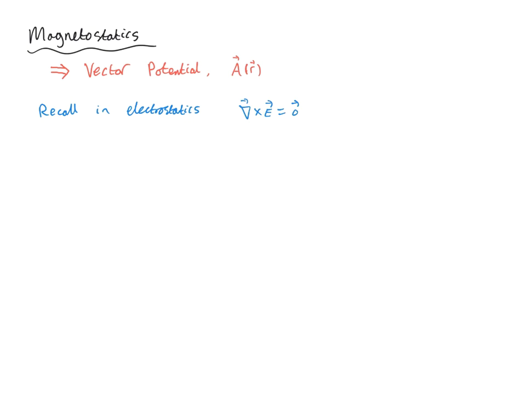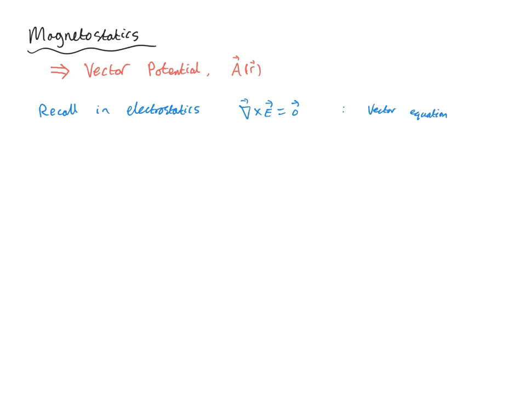So not any old vector field can be an electric field, only vector fields which have no curl, or are irrotational, can be electric fields. And this equation that I've written down here is basically a constraint equation, but note that it's a vector equation.